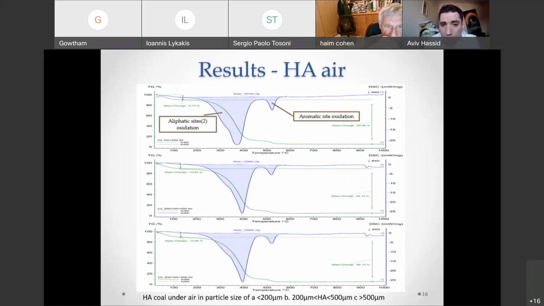But here, according to the green graph between 400 and 600 degrees, we can see that even in the TGA we can differentiate between the aromatic and the aliphatic side. And again, as we said earlier, in the lignite coals there is a higher content of aliphatic groups.